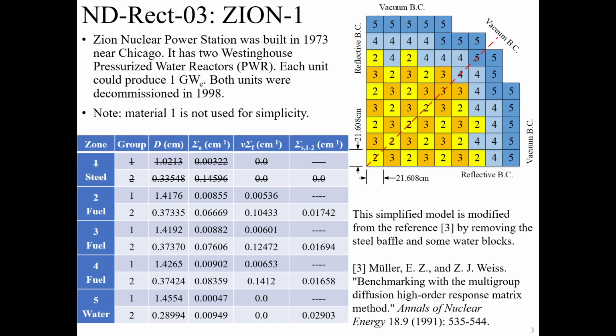Again, you will have the diffusion coefficient D, absorption macroscopic cross-section sigma A, your fission cross-section nu sigma F, and also your scattering cross-section from group 1 to group 2. Now we will move to the MATLAB to demonstrate how to solve this problem.